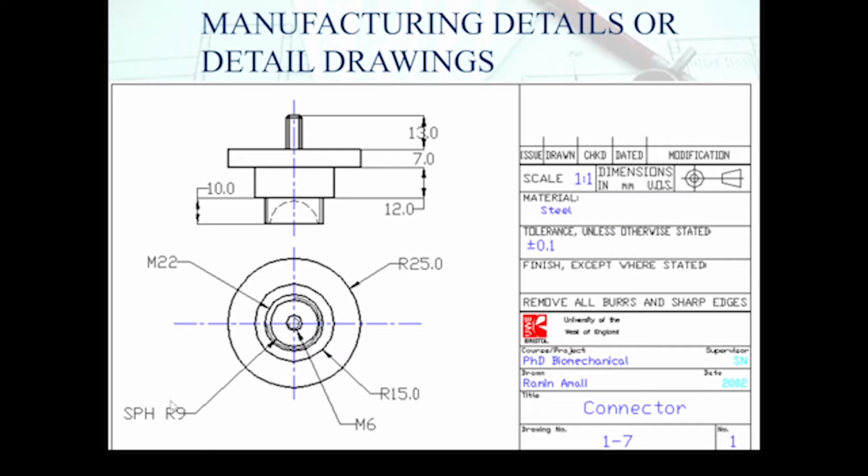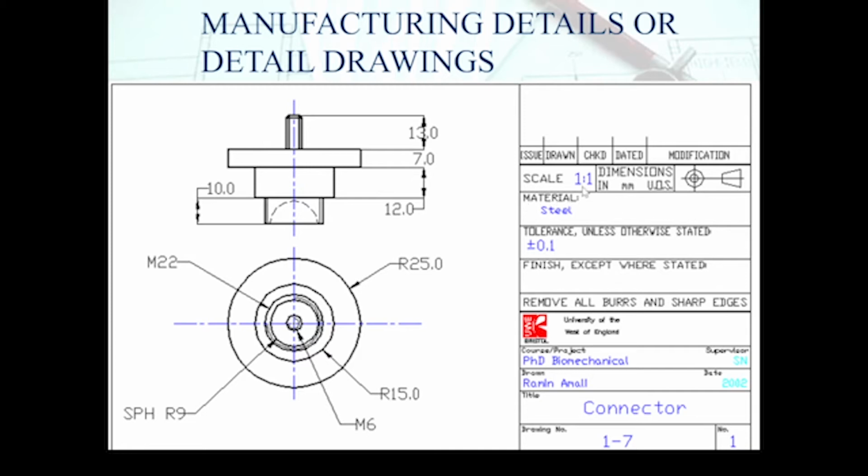Once again, that detail is conveyed around here, which says SPH, spherical, radius 9, and that tallies to that circle there. As I said, you need to look at this drawing and try to make sense of how those views are correlated. Now, looking at the right hand side, there's tons more information.